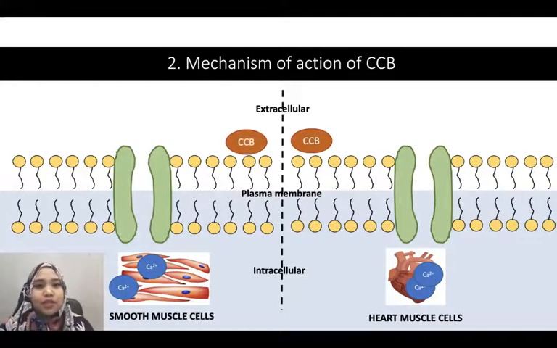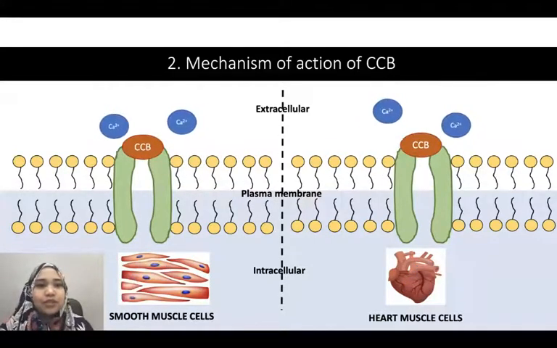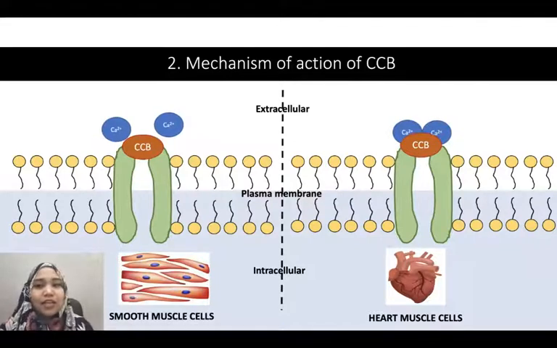So what calcium channel blockers do in this case is that they act by inhibiting the influx of calcium into the arterial smooth muscle cells in the case of smooth muscles, where some calcium channel blockers preferably bind to the vascular smooth muscles, while some bind to the channels in the myocardium at the sinoatrial and the atrioventricular node of the heart, also known as the myocyte.